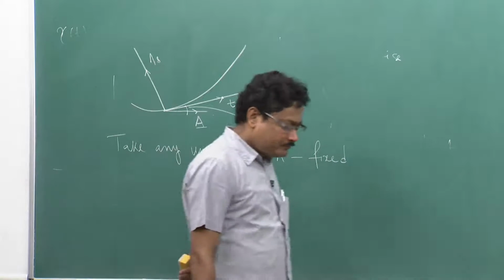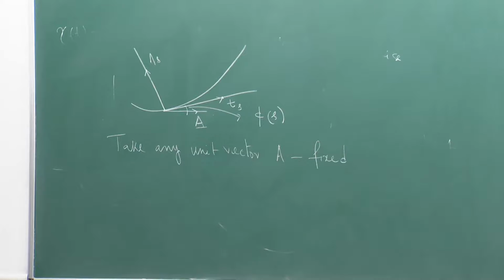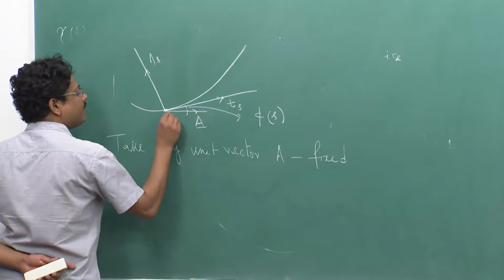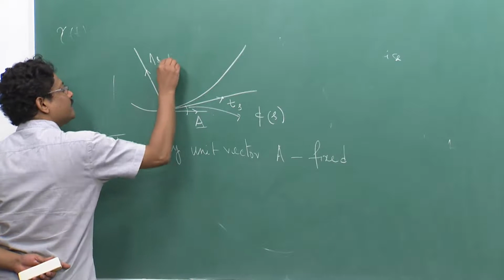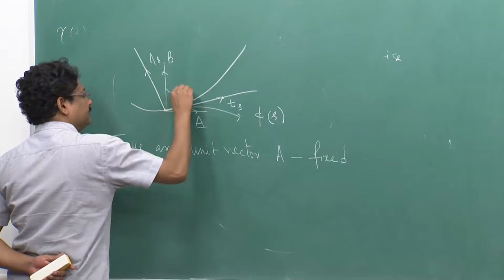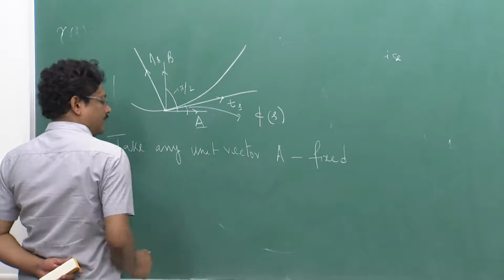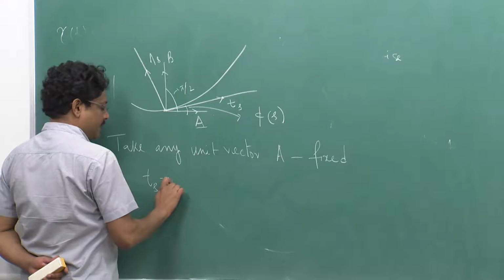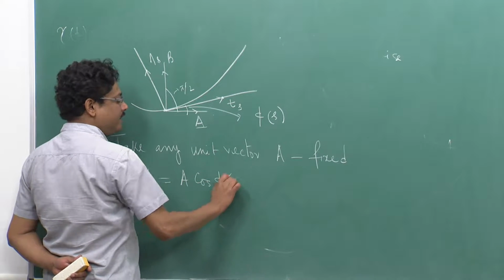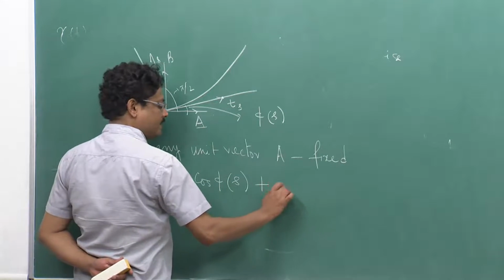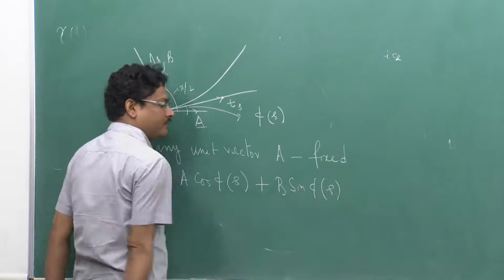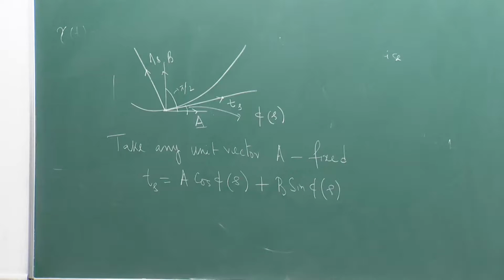Okay. Now, what do I do? I rotate this vector A by an angle pi by 2. So, I get a vector B. So, my T s now, since this angle is phi s, will be resolved as A cos phi s plus B sin phi s, right, simple geometry. Keep the picture in mind.